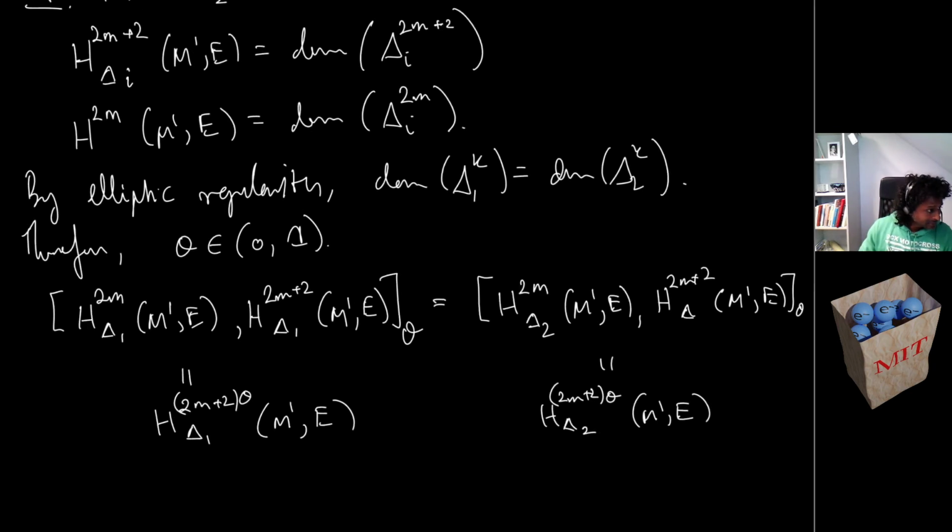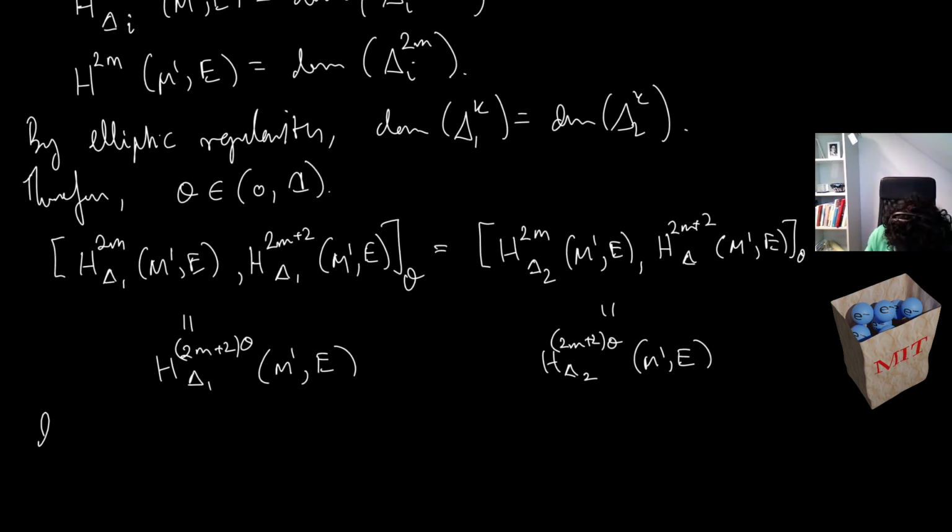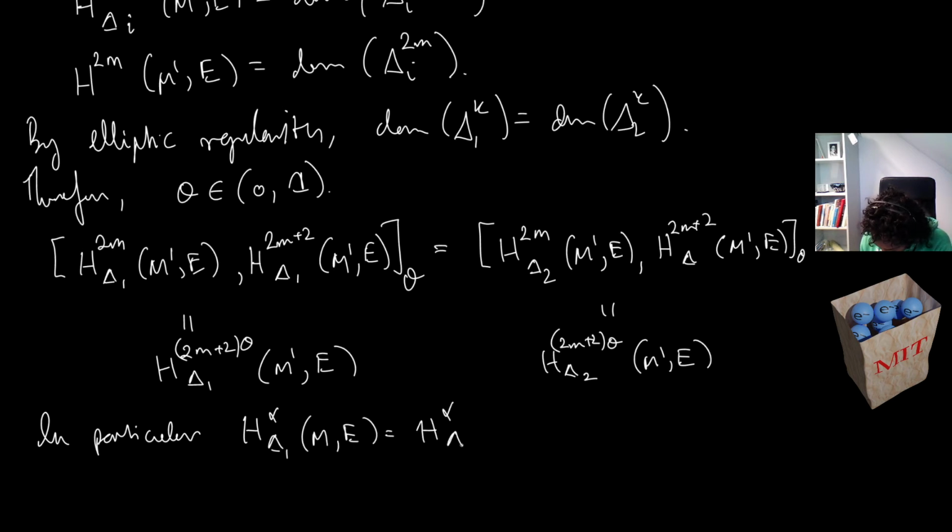So we have this. So in particular, since we chose the alpha to be sitting between these two numbers, we have H^α(Δ_1; M', E) is equal to H^α(Δ_2; M', E).